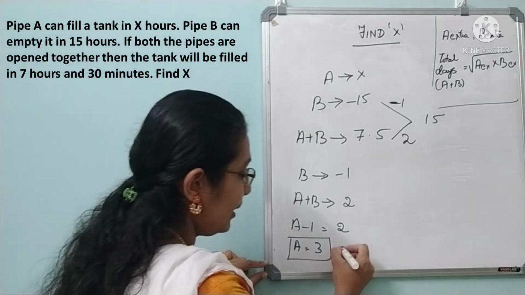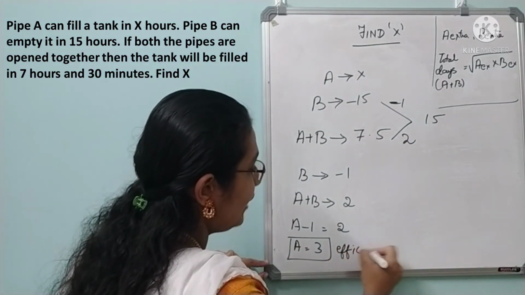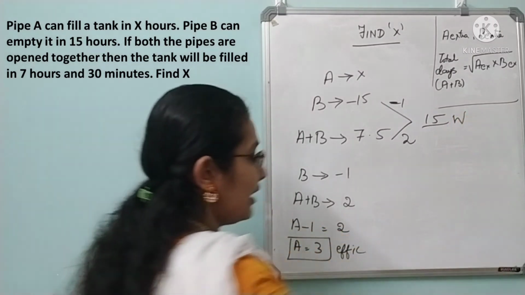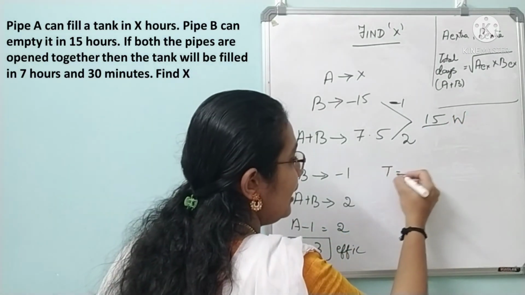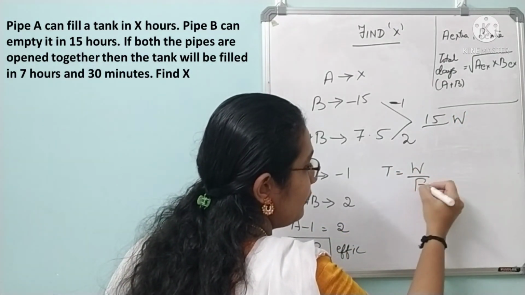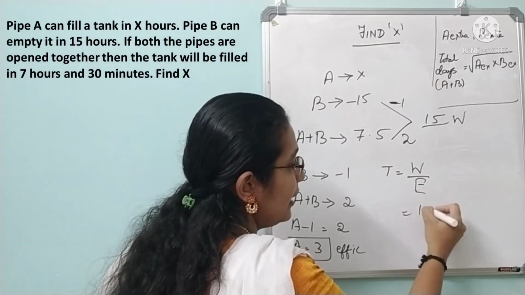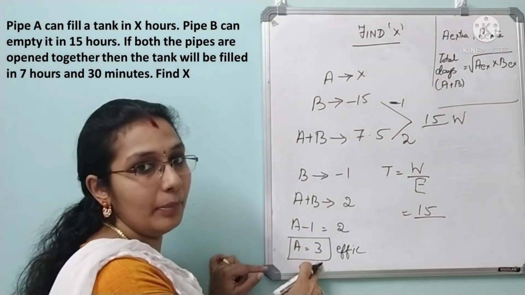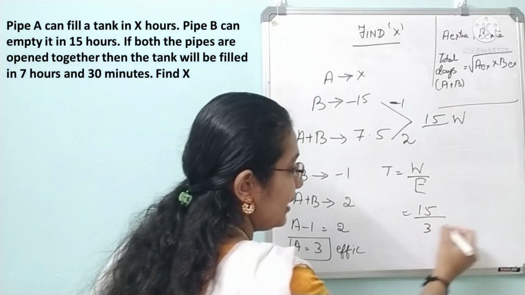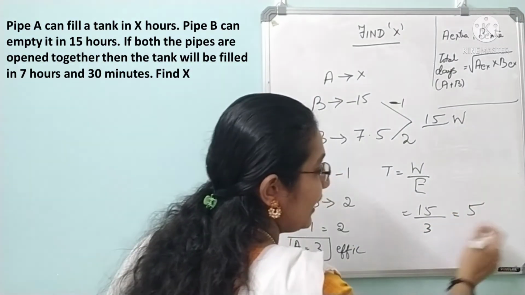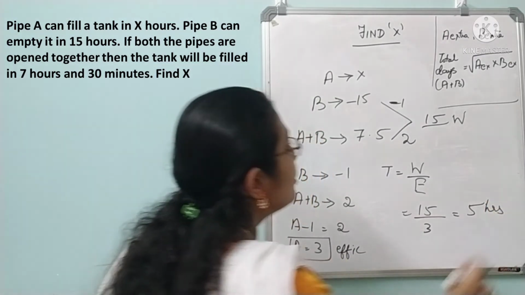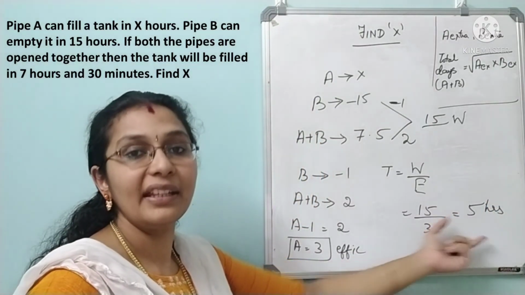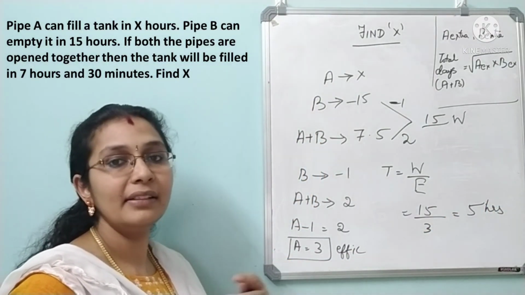We know time is equal to work by efficiency. Work is 15 and the efficiency of A is 3, which gives 5 hours. So this is the time taken by A to fill the tank alone.